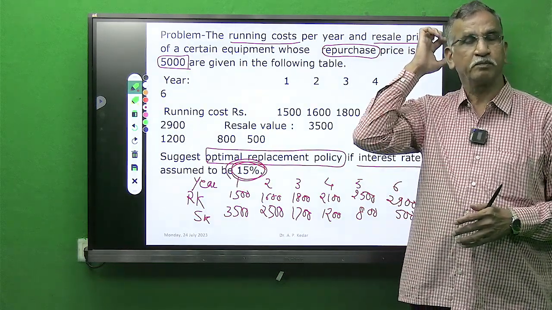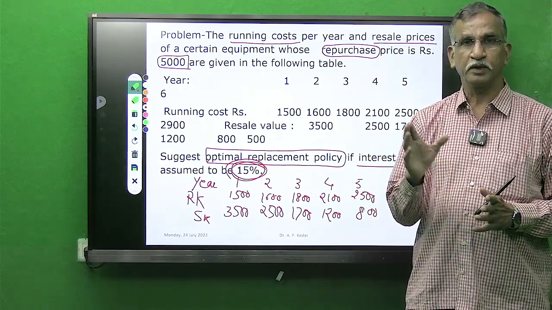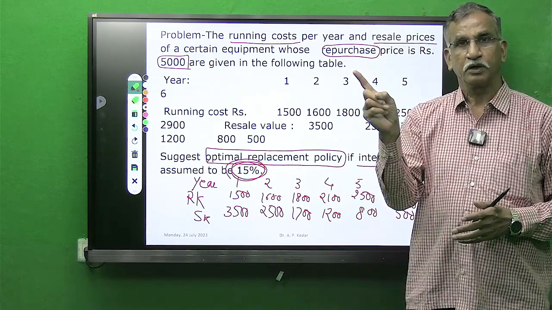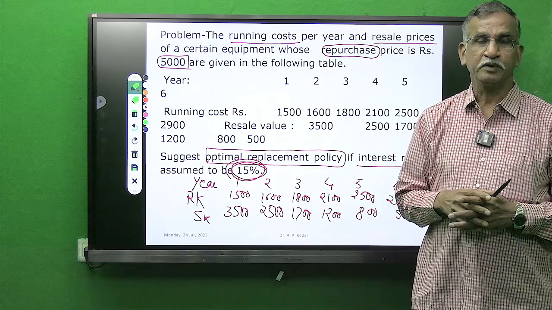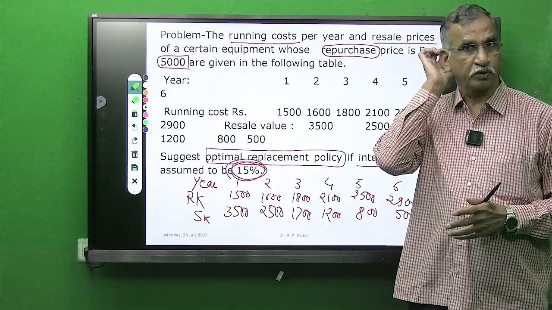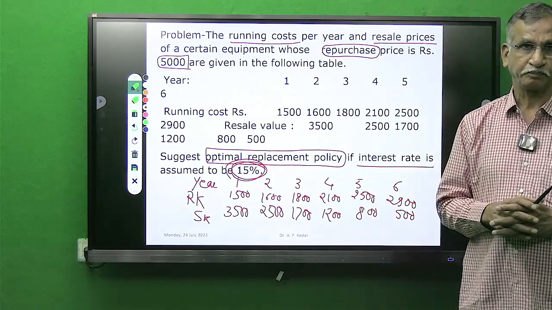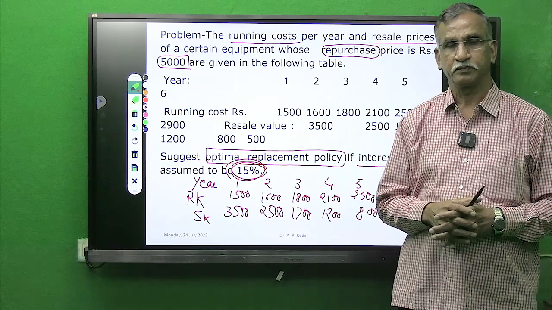In first problem, it was a problem pertaining to neglect value of money. Value of money remains constant in future, and therefore in analysis we haven't used the rate of interest parameter. We have not used I, thereby we have not used alpha. Alpha is equal to 1 upon 1 plus I, and our tabular calculation was quite simple.